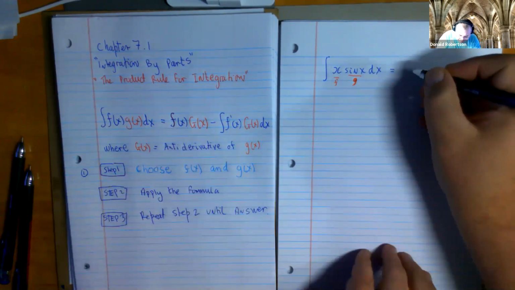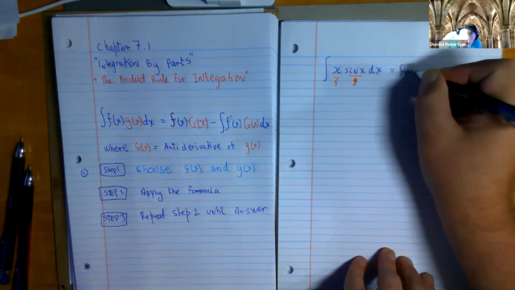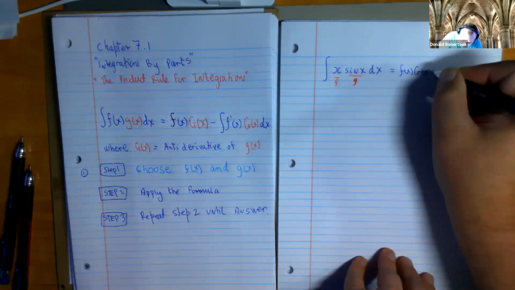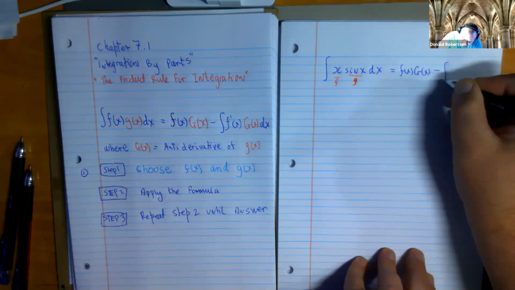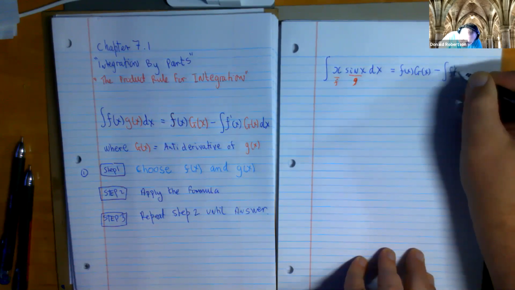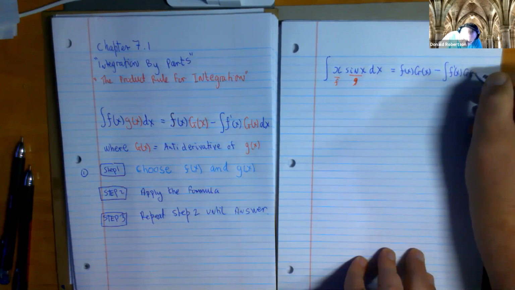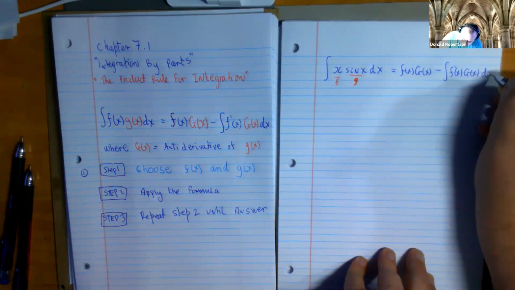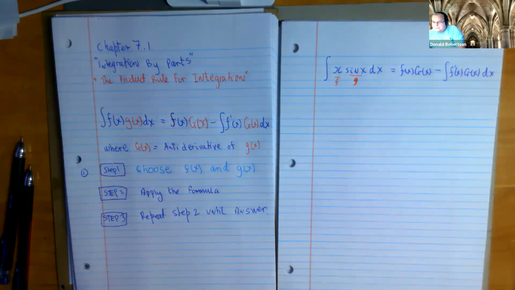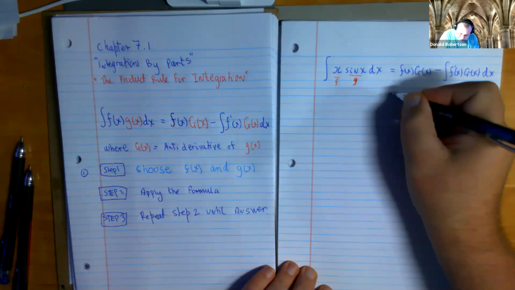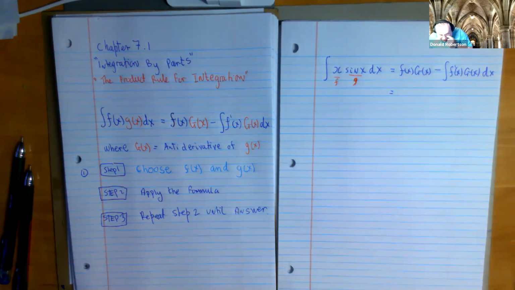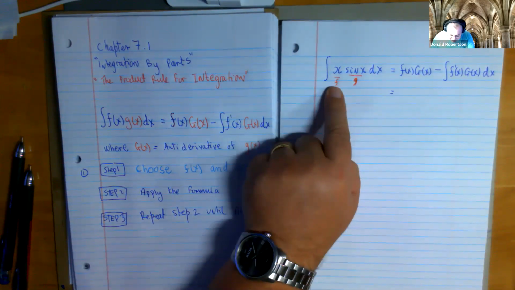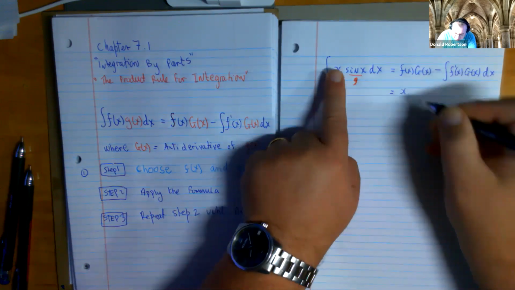Now, according to our formula, it should be f of x, capital G of x, take away the integral of f dashed x, capital G of x, dx. Okay, let's see. F of x is x.